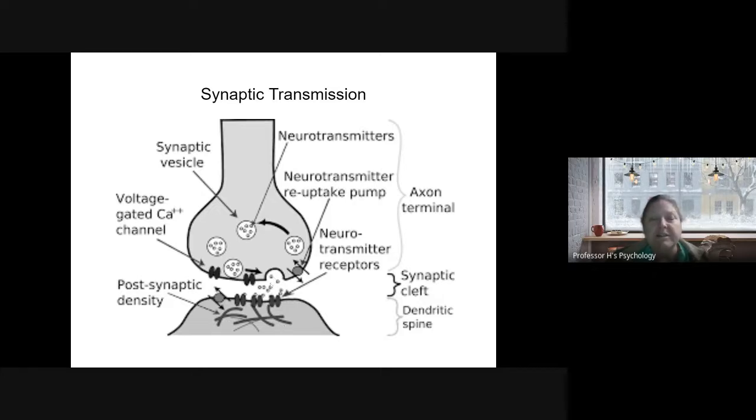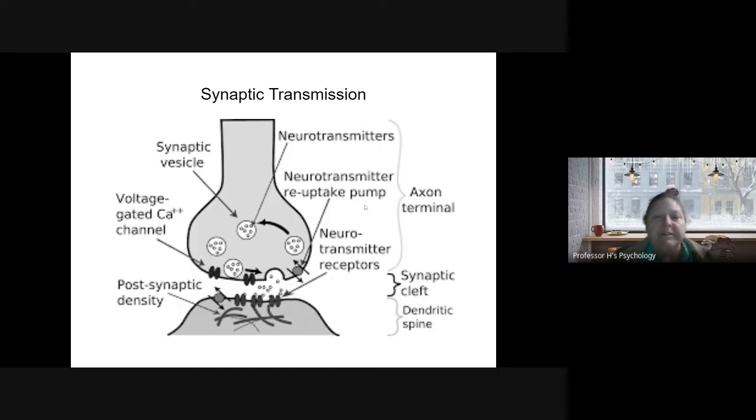These little dots represent the neurotransmitter being released, and these little protein structures in the cell wall are the receptors. These will bind there and trigger some sort of reaction within the cell.